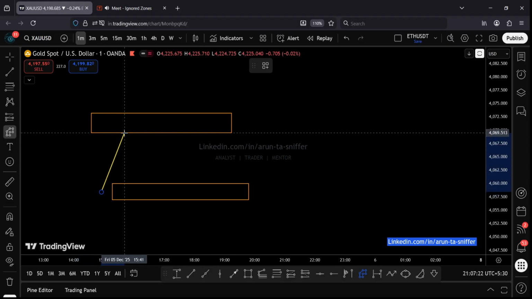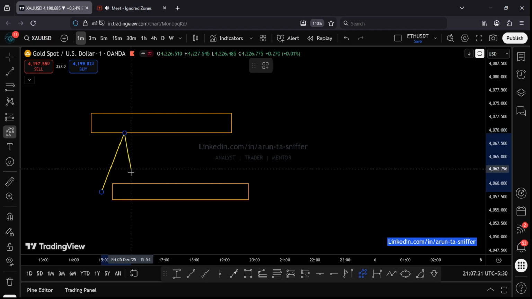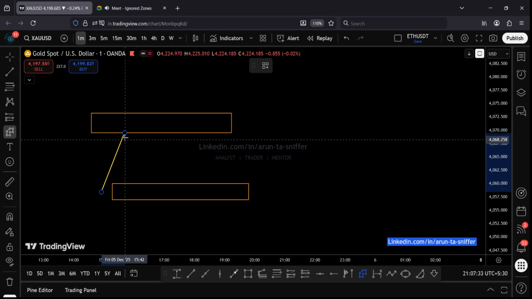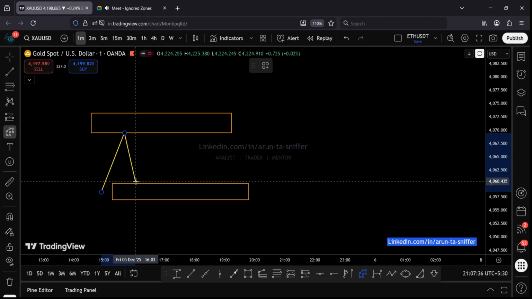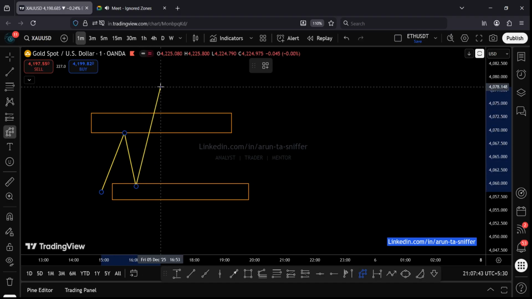Price goes like this, then the nearest target will be this opposite side FL. What should price do? Price should reach till this FL, and then go up this side.